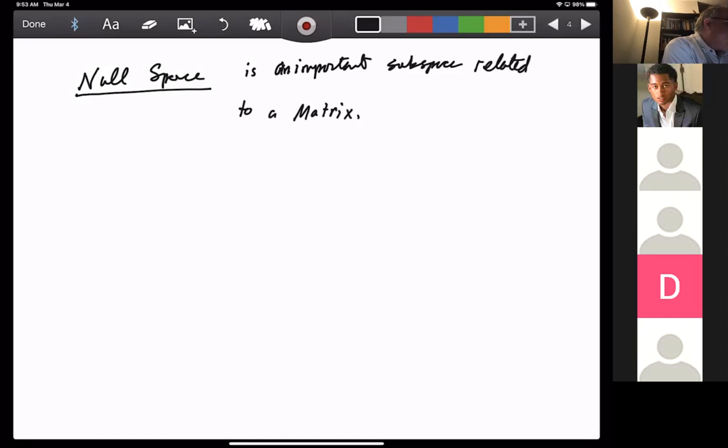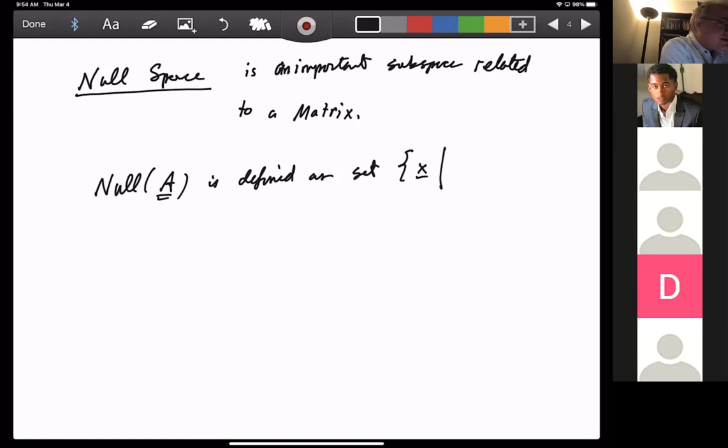We denote that null of whatever matrix we're talking about, and that is defined to be the set, and I'll use curly braces for set, of vectors x such that Ax is equal to the 0 vector.